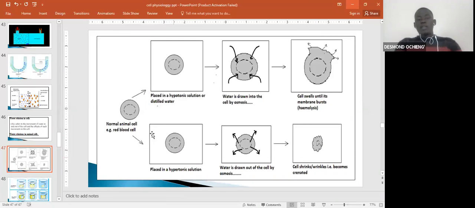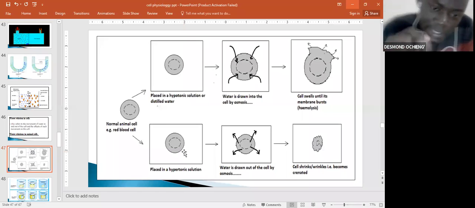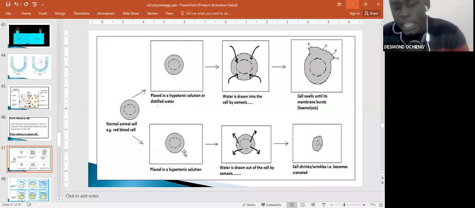Now, let us see what happens when a red blood cell or an animal cell is placed in a hypertonic solution. A hypertonic solution is a solution which is highly concentrated, more concentrated than that animal cell.